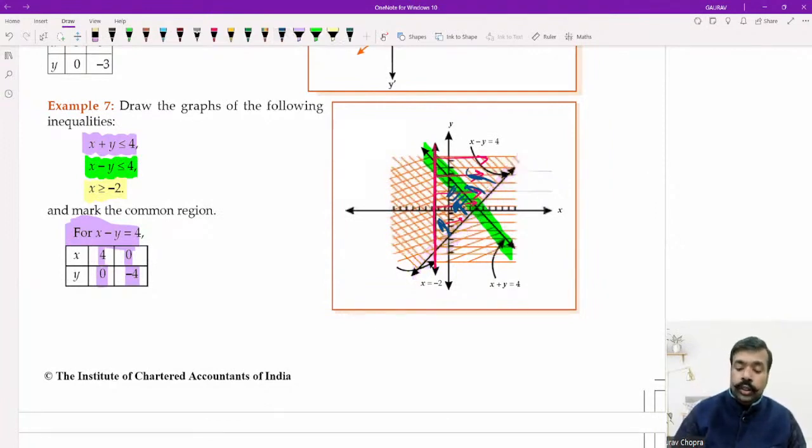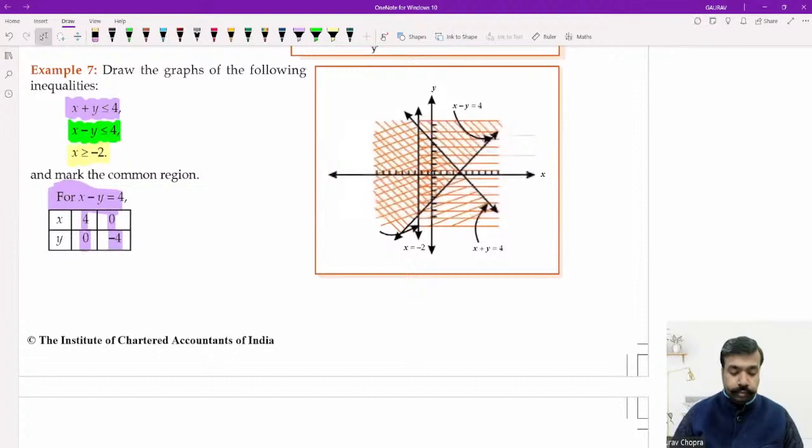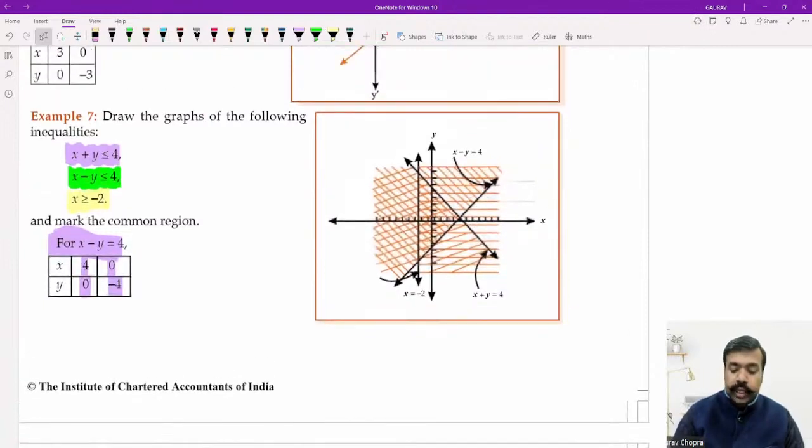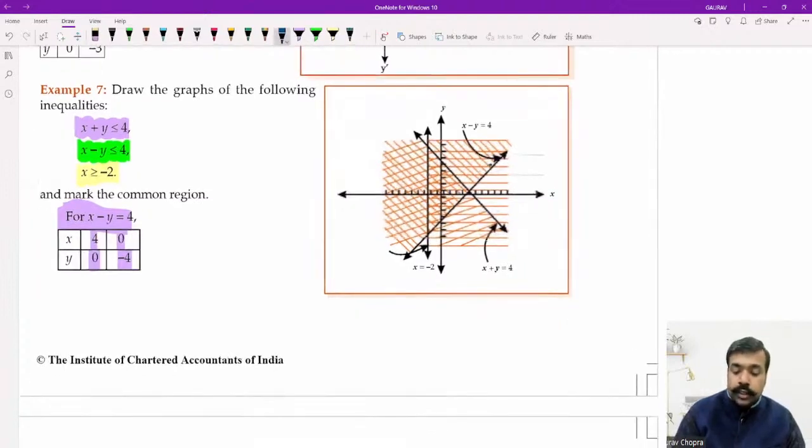So let me remove all these colors and see the final shaded region. We can easily see the final shaded region in this. We can mark them. So this is the inside one, this is the outside one, and this is the inside one.